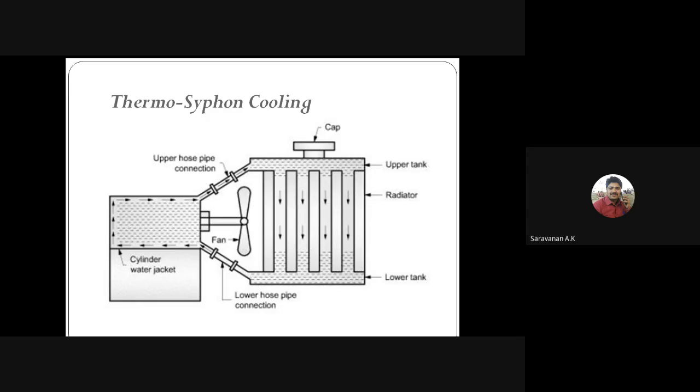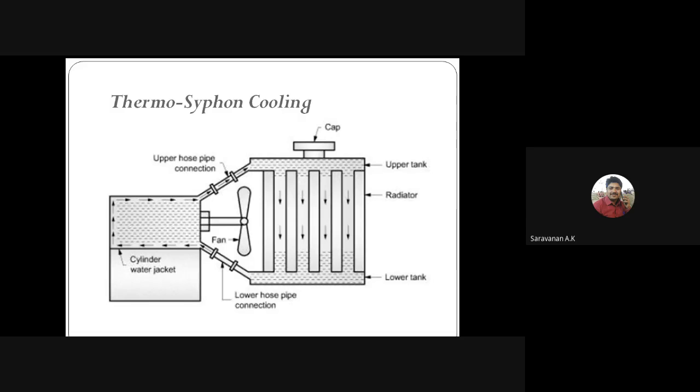You can see it in the diagram itself, where the hot water goes and how the connection is made. The hot water in the jacket rises and flows into the upper tank due to lower density compared to the cold water, and the cold water from the radiator flows to the lower water jacket to replace the hot water.